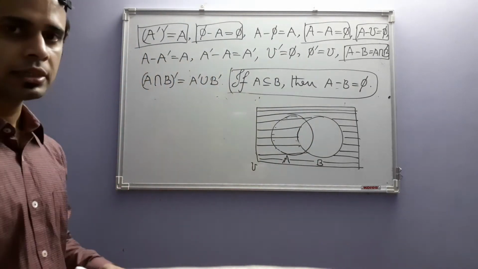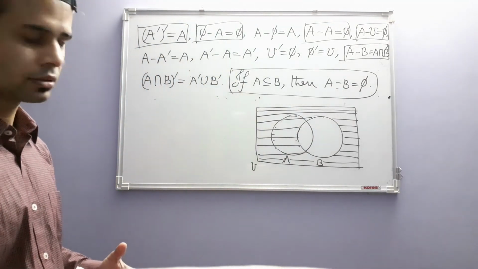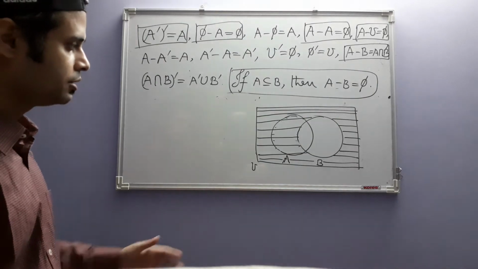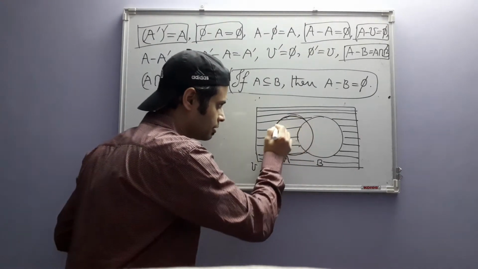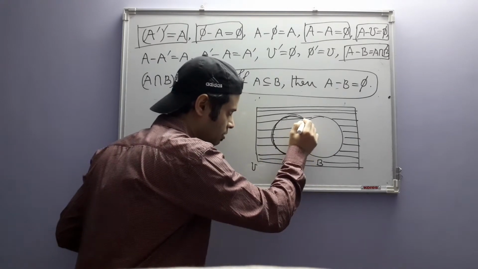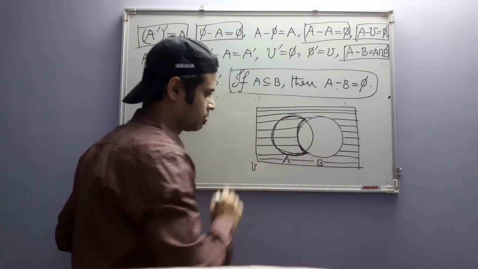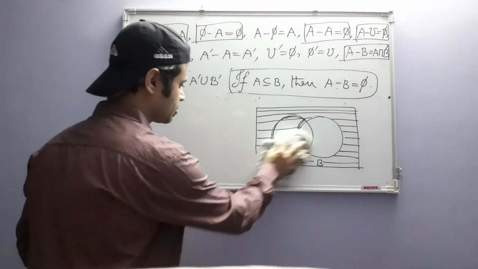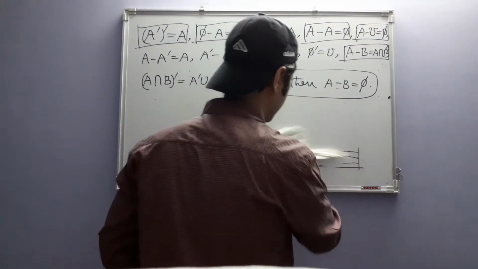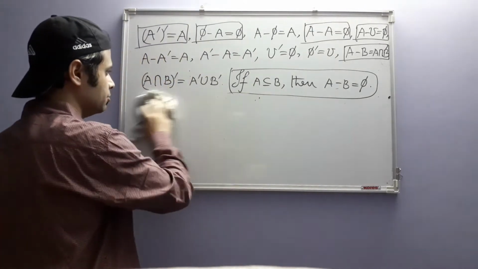And what is the common region between B complement and A? Clearly this part, and that is nothing but A minus B. So from the Venn diagram, we see at least that this should be true.